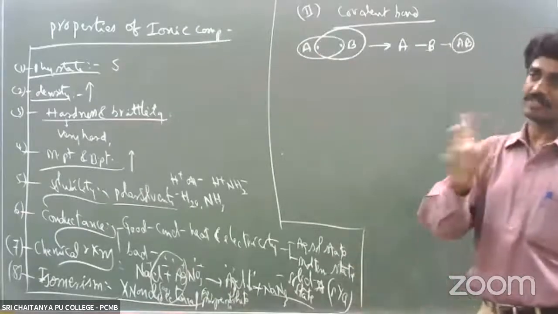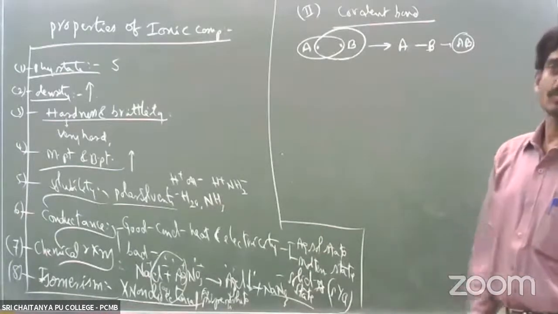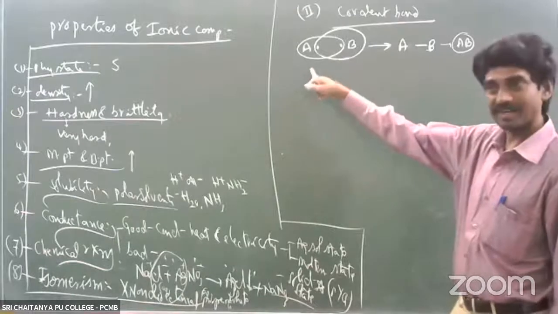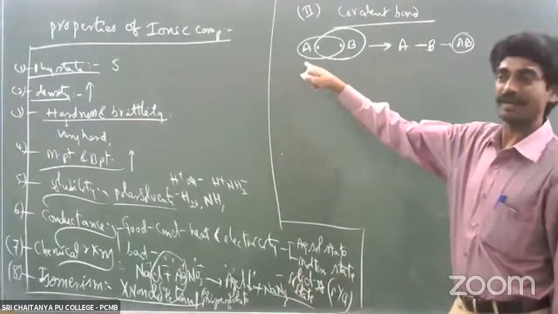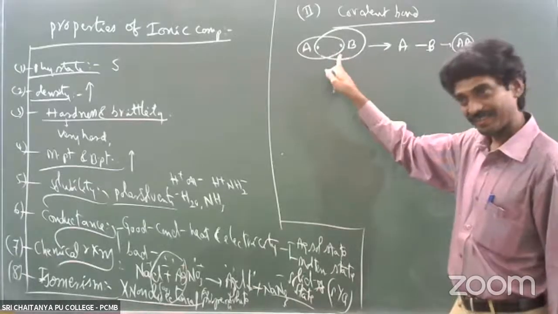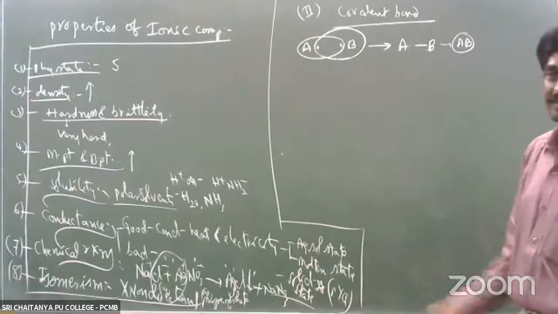So equal contribution and equal sharing of electrons. That means a covalent bond is defined as the bond formed between two atoms by equal contribution and equal sharing of electrons.